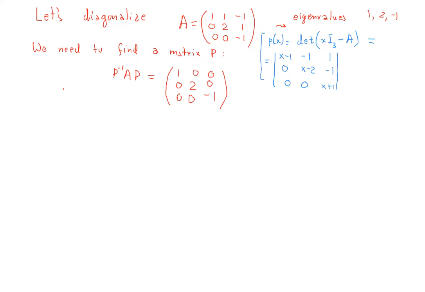Since this is a triangular matrix, the determinant is (X minus 1)(X minus 2)(X plus 1). If you set P of X equal to 0, you will find eigenvalues 1, 2, and negative 1.